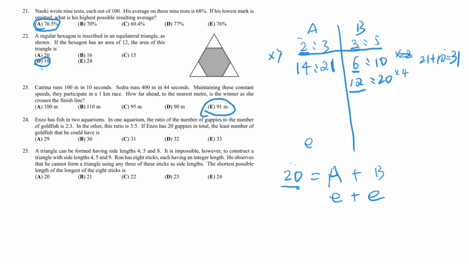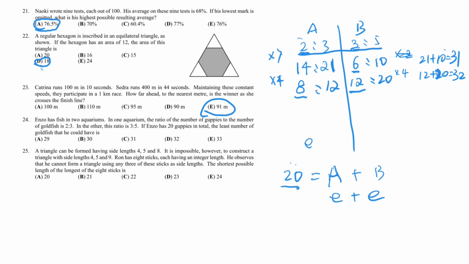In the A, guppy must be 8 because 8 plus 12 gives us 20. 12 means 2 times 4, so 3 times 4 gives us 12. So 12 plus 20, that's 32. That's the total goldfish.